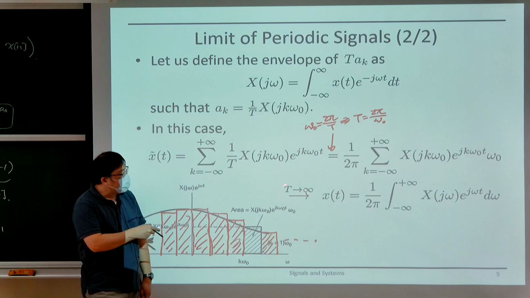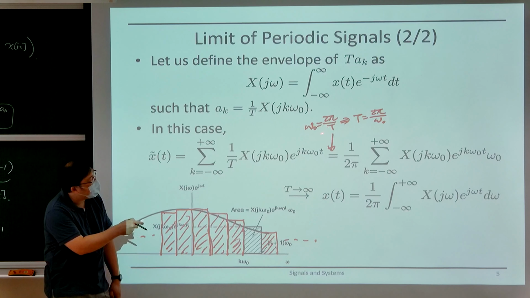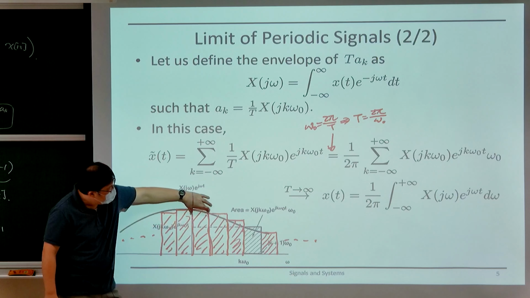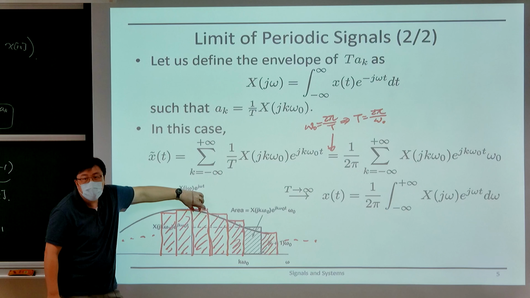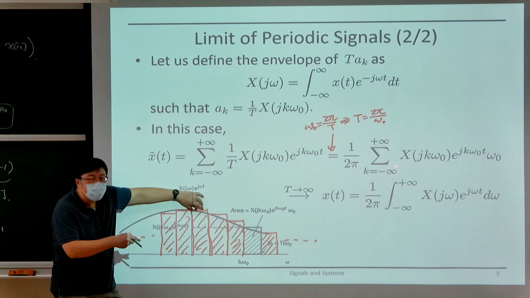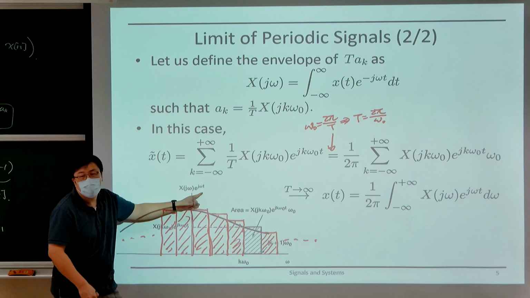Now, as capital T goes to infinity, or equivalently as omega naught goes to 0, what you have is basically the Riemann integral. As this becomes smaller and smaller, eventually this summation will converge to the Riemann integral of this function here.